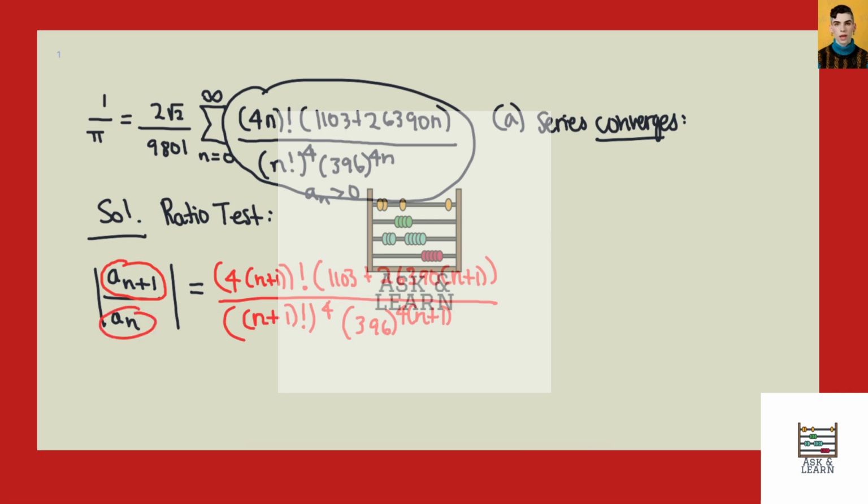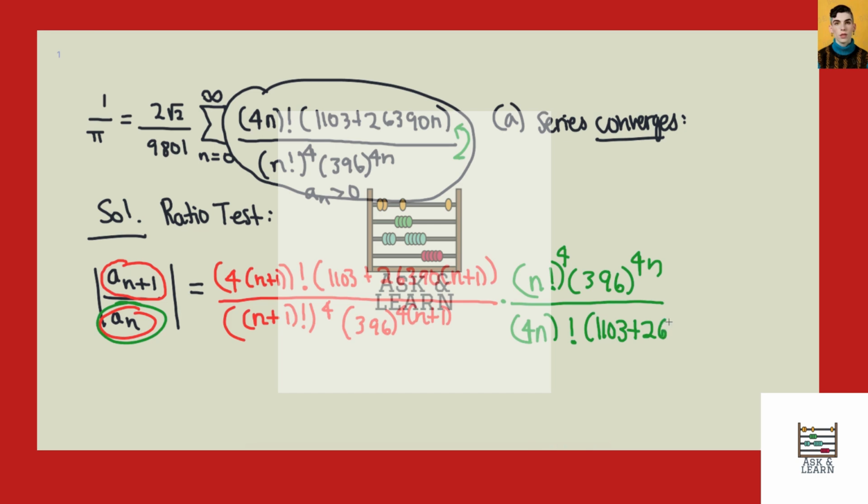So when we divide by an, we could just flip this term here and multiply it, as usual, as you've noticed when you've used the ratio test in the past. So we flipped an over and then multiplied it. Eventually we'll want to take a limit of this, but until we get to that point, we want to simplify as much as we can.